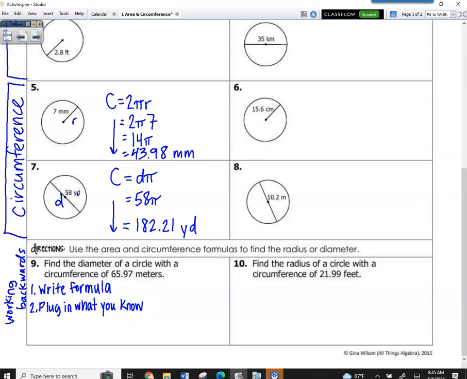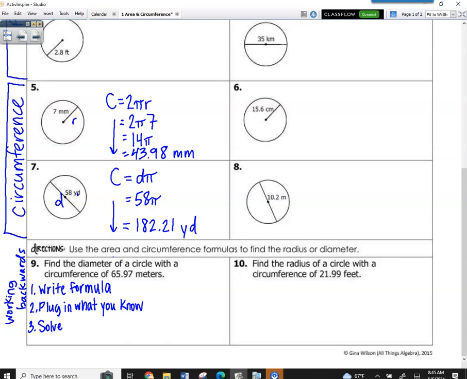And step 3, solve. You write the formula, plug in what you know, then you solve. I would like you to circle what it asks you to find and underline what it gives you.